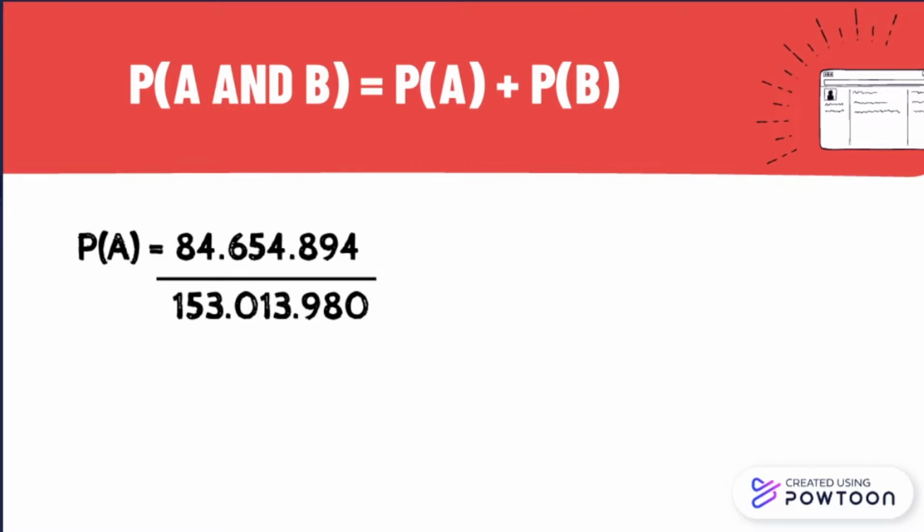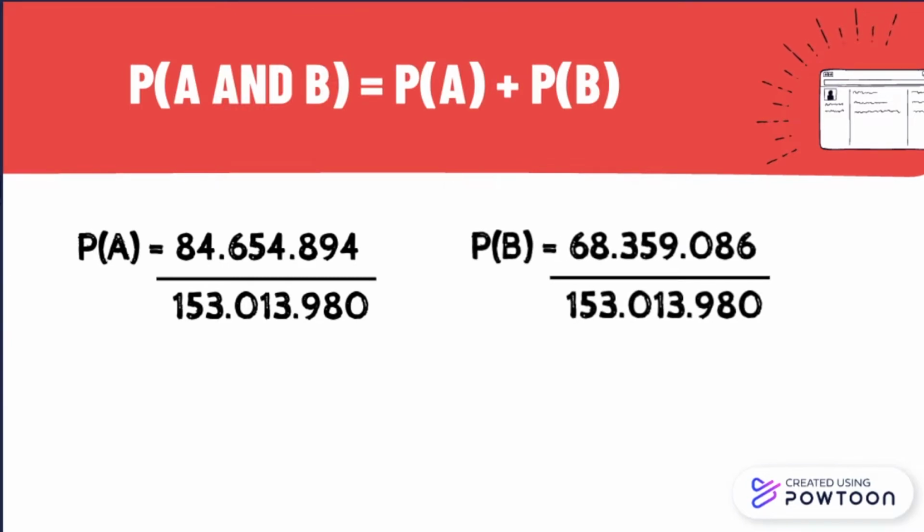So we divide 84,954,894 by 153,013,980 to get P(A).